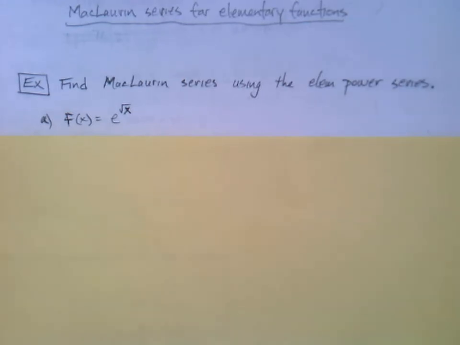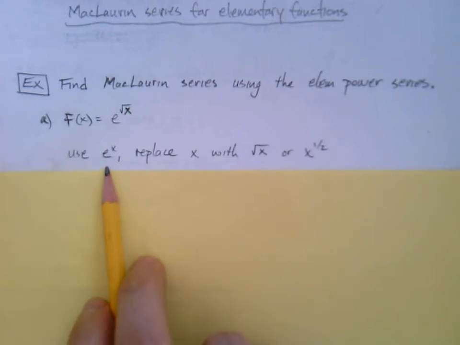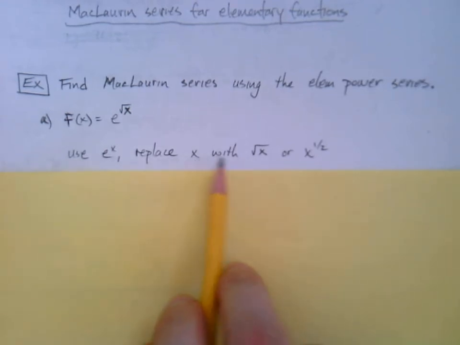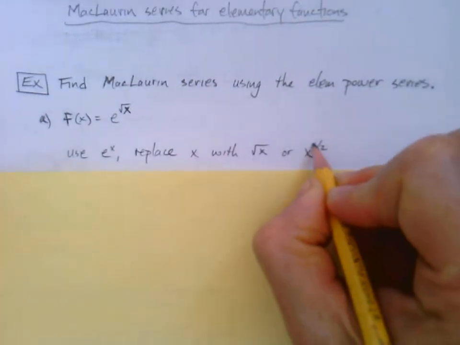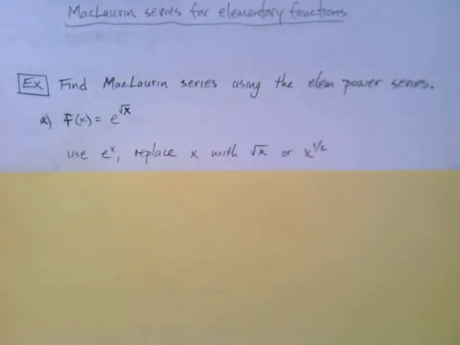Like, okay, well, I've got the representation for e to the x. How do we get e to the square root x? It couldn't be simpler. All we got to do, we'll use that e to the x form. We'll just replace x with square root x, or maybe you prefer to replace it with x to the 1/2. That's it. It's just a substitution.